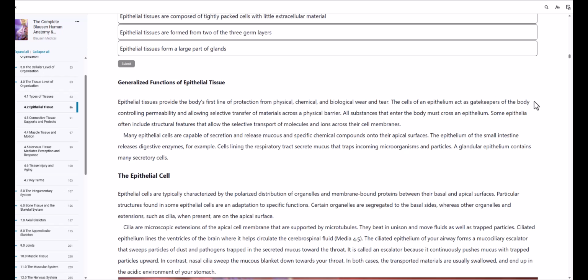So whereby the cell membrane acts as a gatekeeper for the cell itself, the epithelial layers, especially those on the outside of our body, the epithelium is acting as a gatekeeper into our body altogether. And if you're thinking about food traveling through your intestines, it's the epithelium that line your intestines that are acting as a barrier about what will or will not be absorbed into your body.